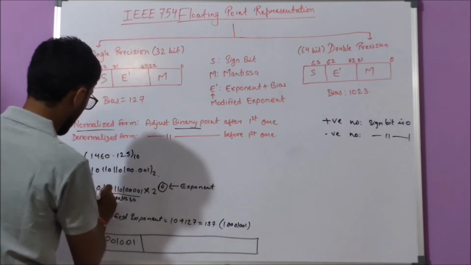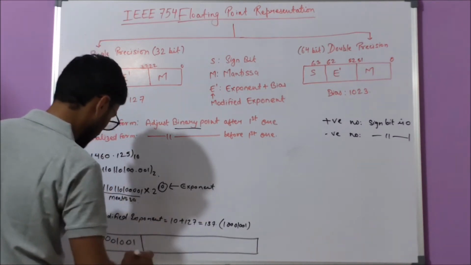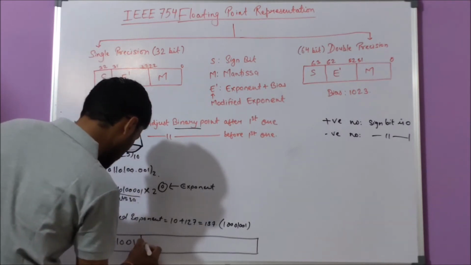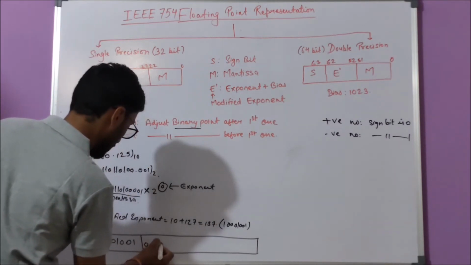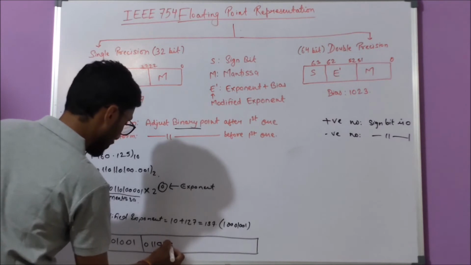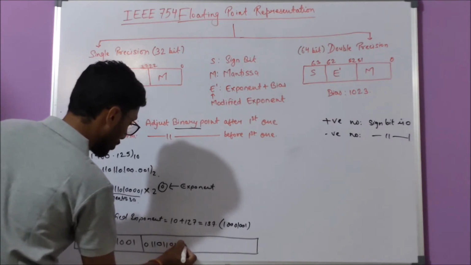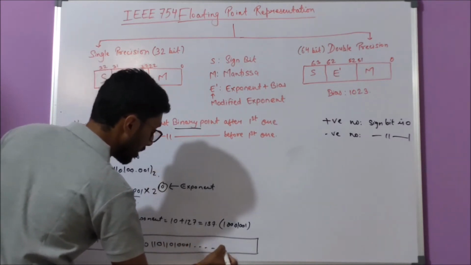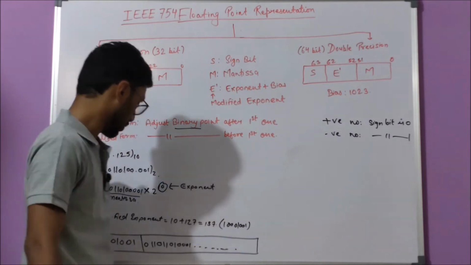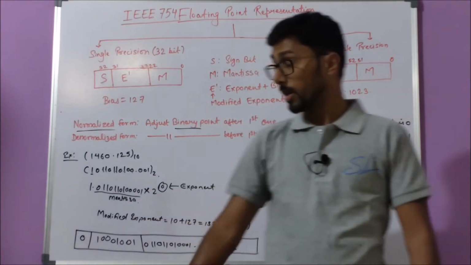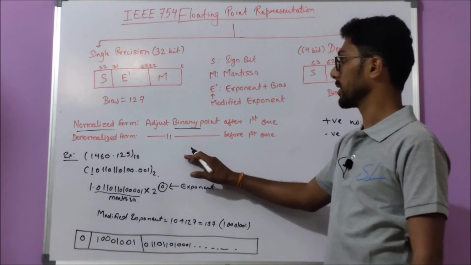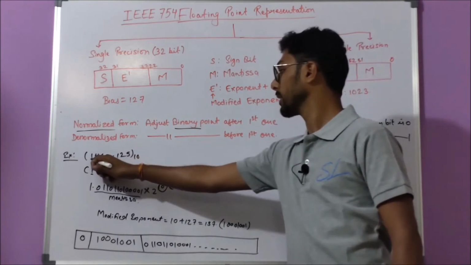Now this fractional part should be kept here. This is 0110110100001 and all leading zeros here. So this is the representation in single precision normalized form of this number.